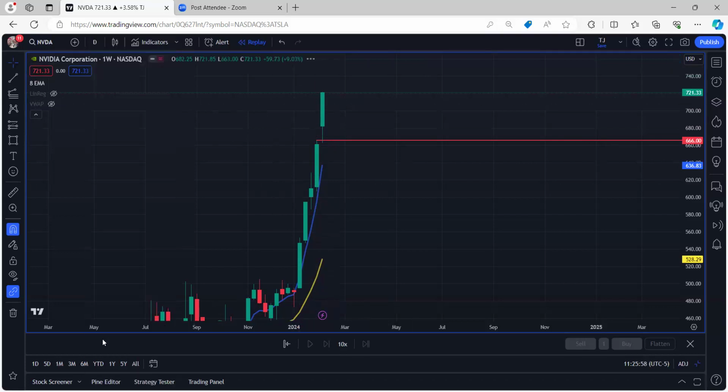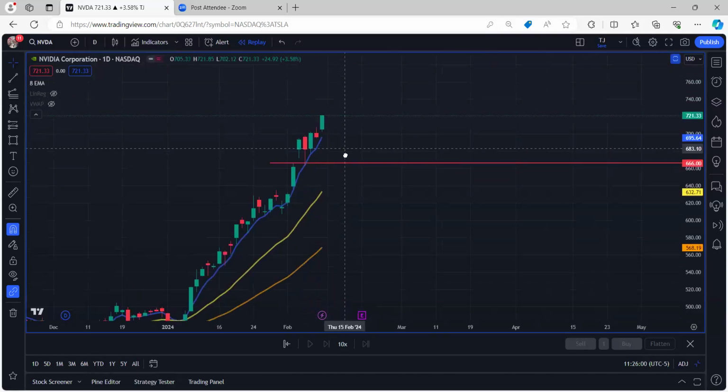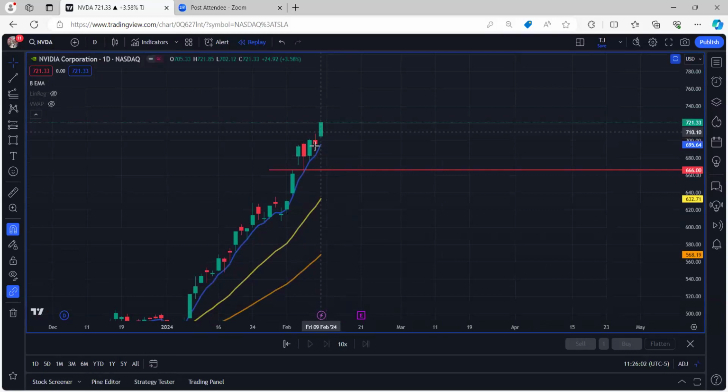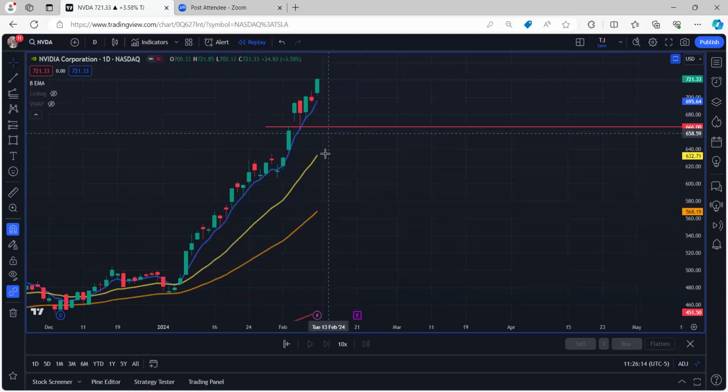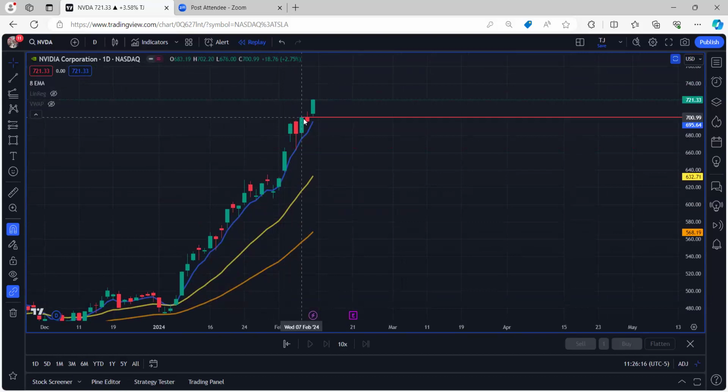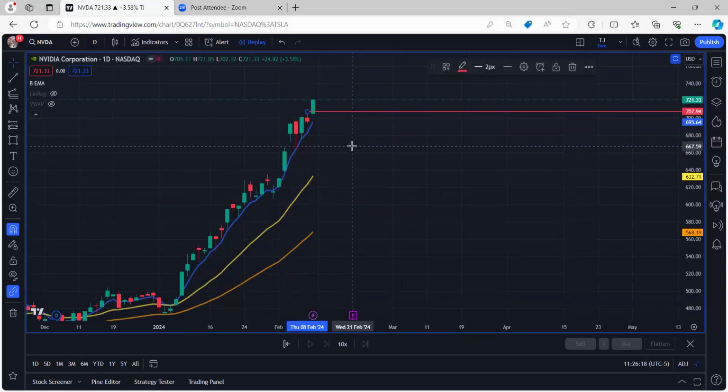But when I look at this daily, I know for damn sure I'm not paying. And this is the reason why I don't think we will come back to 666. Since January 8th, we have been only above this 5 EMA. That 5 EMA is way above here. So is it likely that we can come back to that 707 level and still be in this bull trend?